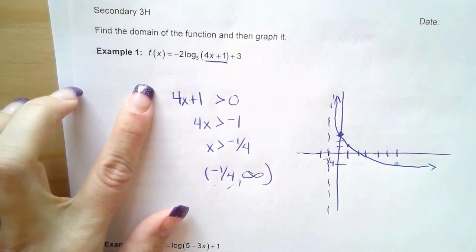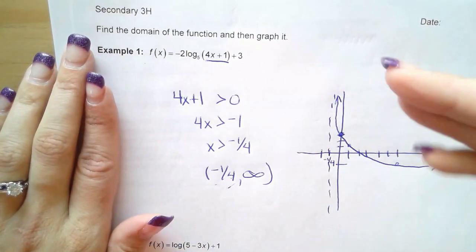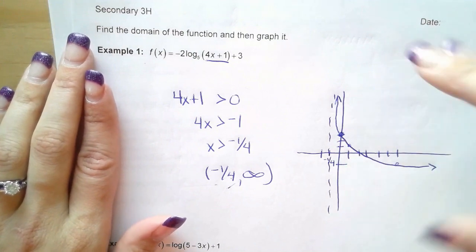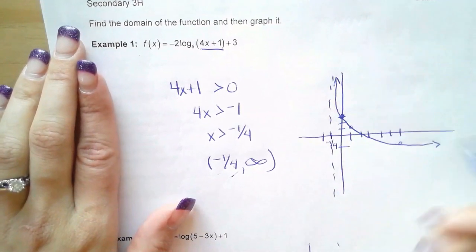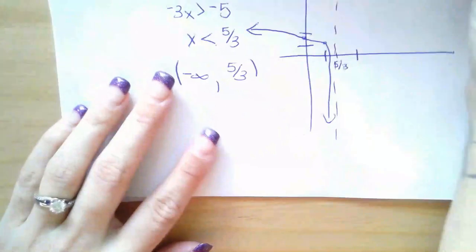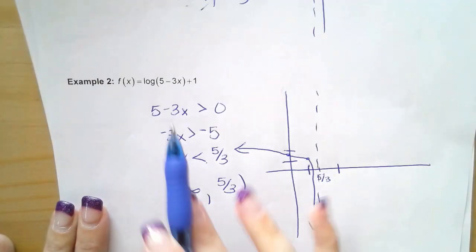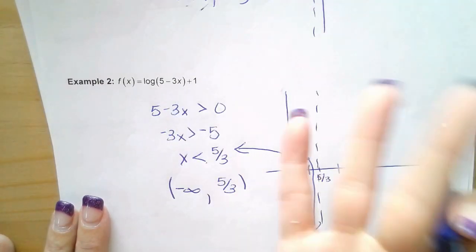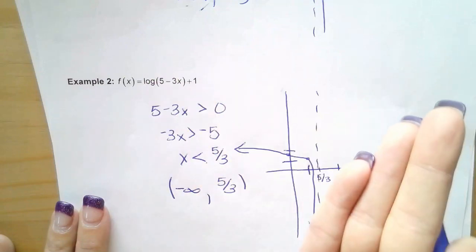But if we shift it by having a negative out front, that means we're reflecting across the x-axis, so we're actually decreasing. And here, when we have a negative on the inside, we are reflecting across the y.